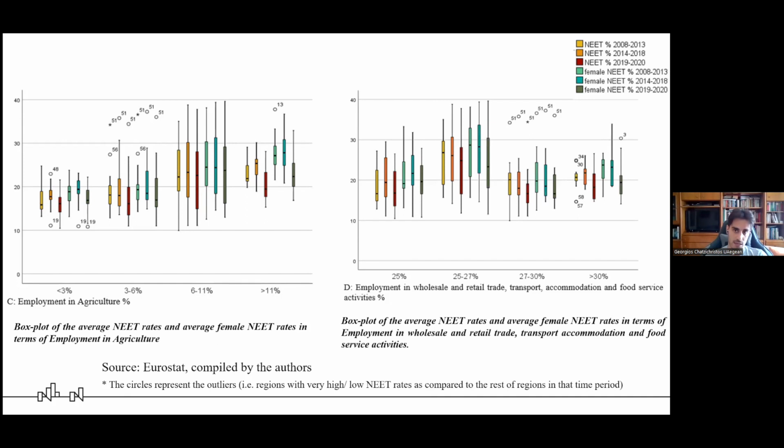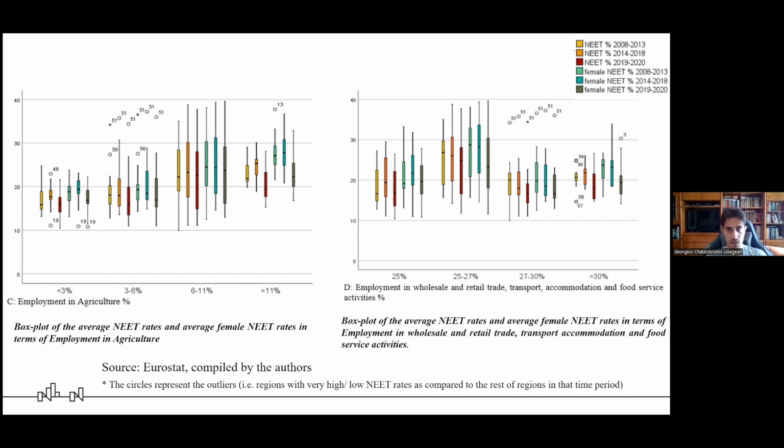And last but not least, the parameter that I want to highlight is the employment in wholesale, retail, trade, transport, accommodation, and food service activities. This is an index that is closely related to what we call touristic services, what we call tourism. Again, this is an economic field that is quite strong in those insular or peripheral regions, which again makes them less resilient.